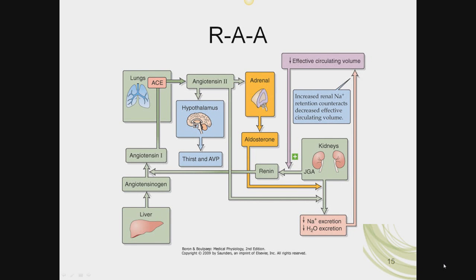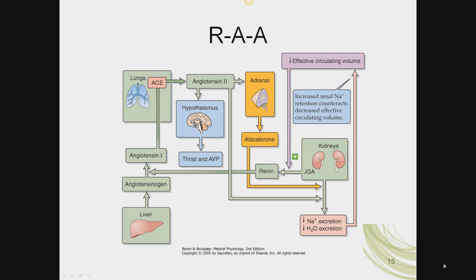Next, angiotensin 2 will cause the adrenal cortex to release aldosterone. Aldosterone targets the nephron, specifically the late distal convoluted tubule, specifically the principal cells. There are two different cells in the late distal convoluted tubule: the principal cells and the alpha intercalated cells.